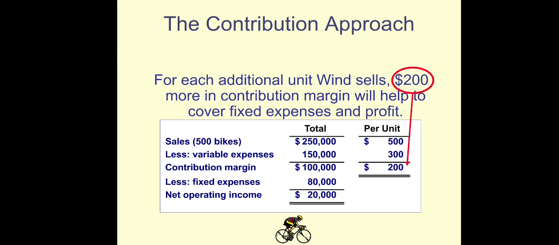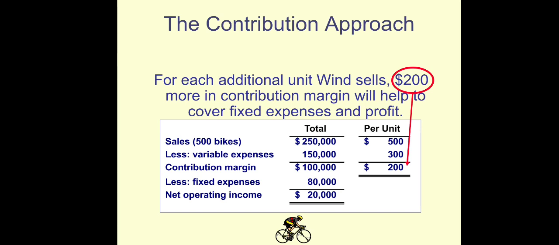So if the business sells 500 bicycles, how much is the total variable cost? Total variable cost is $300 times 500 bicycles. Variable cost will increase when the quantity increases. So $300 times 500 bicycles equals $150,000. That's why the total variable cost is $150,000.